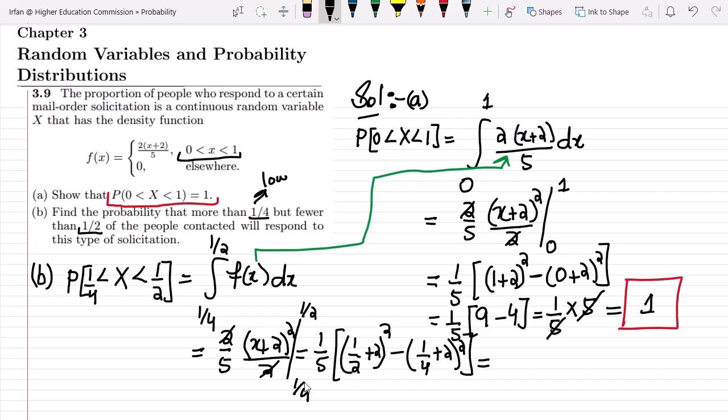You can work it out, and ultimately you will see the answer, which is 19/80. That is the answer of part B.